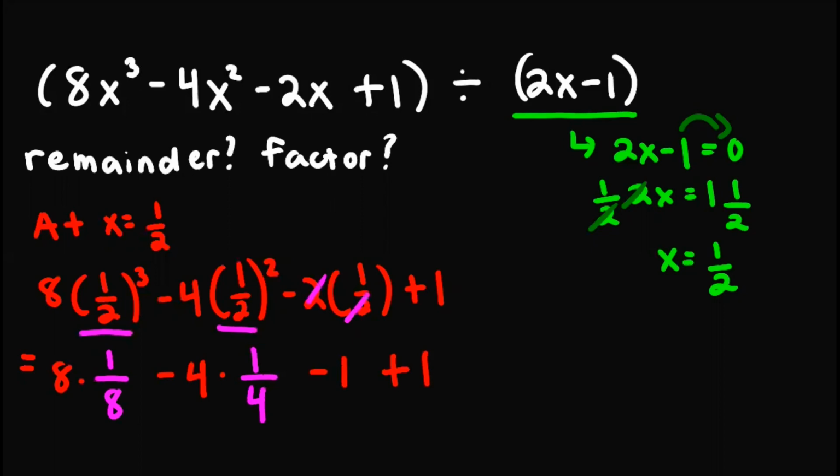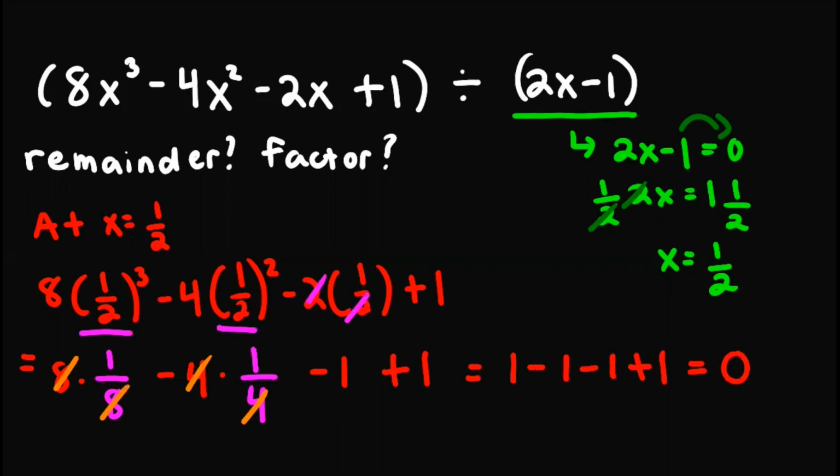Observe here that 8 will cancel out, 4 will cancel out, so this will be simply 1 minus 1 minus 1 plus 1, or simply 0.